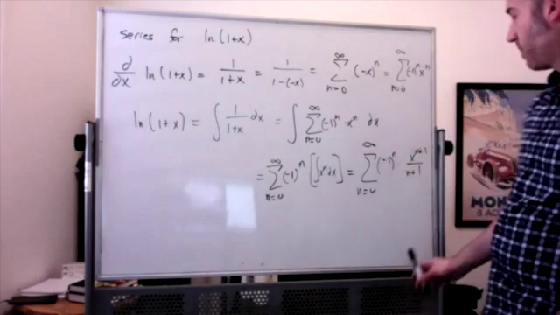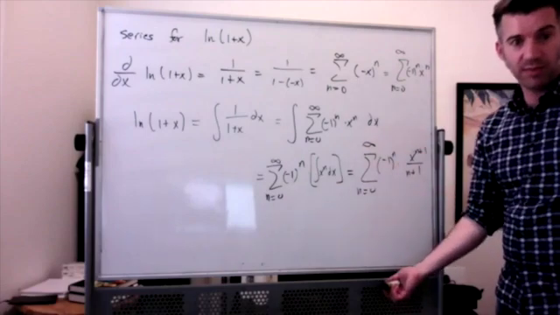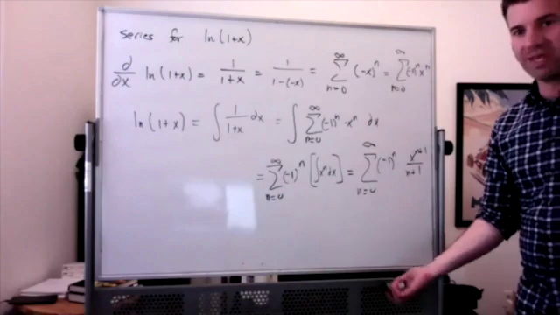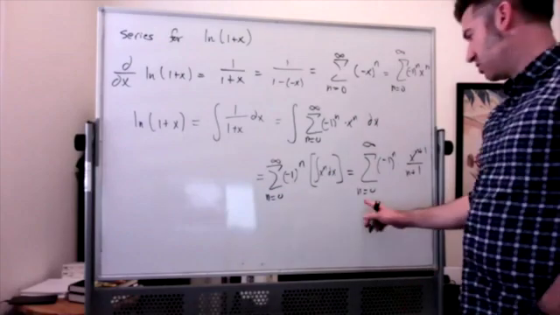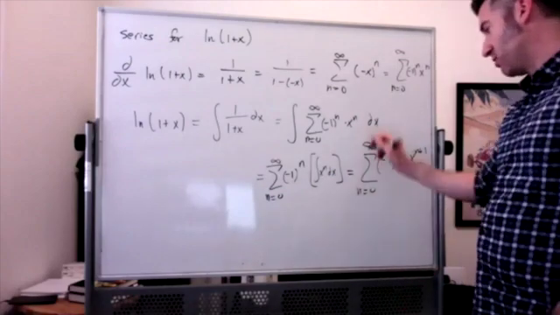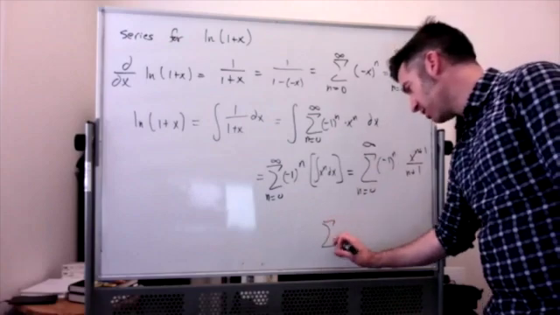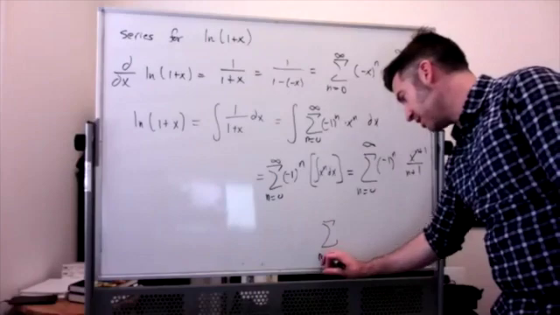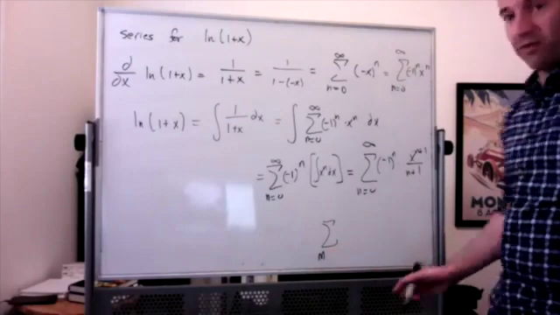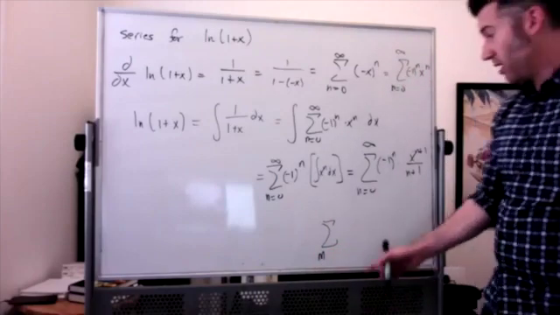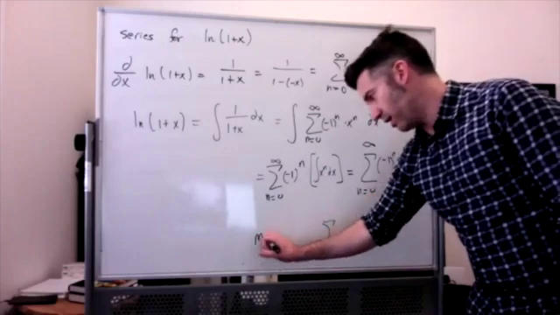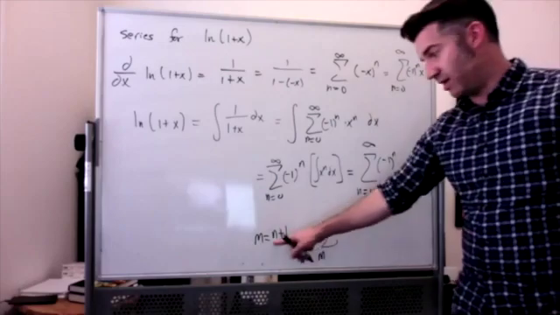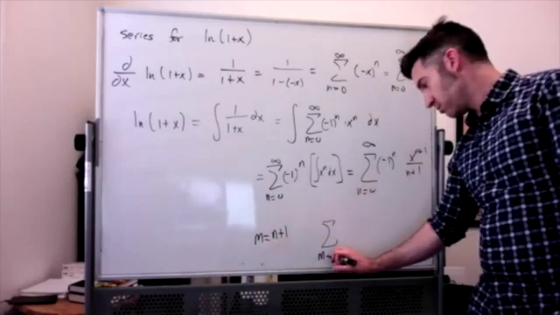Now, here's the thing. People don't usually write it this way. People often re-index this so that you can start at 1. So instead of starting from n equals 0 to infinity, I'm going to write it using m just to show how we're re-indexing. I'm going to say that m is equal to n plus 1. So if we start at n equals 0, m is 1.